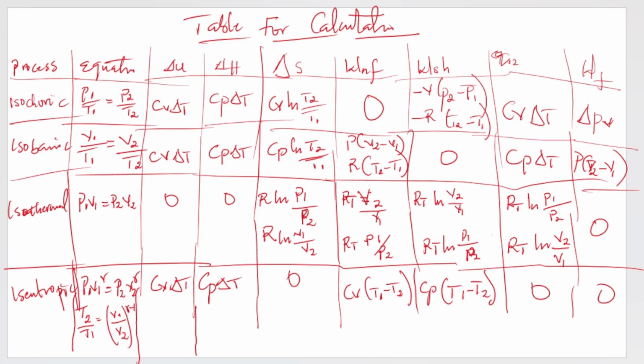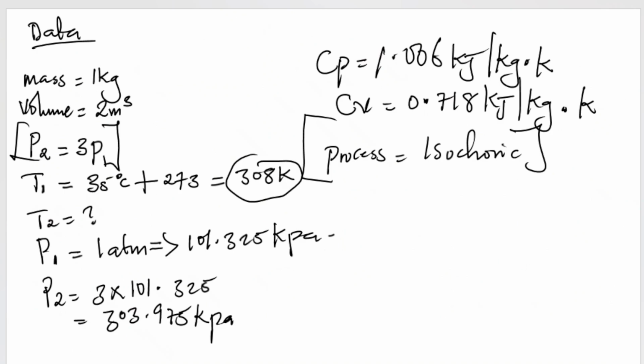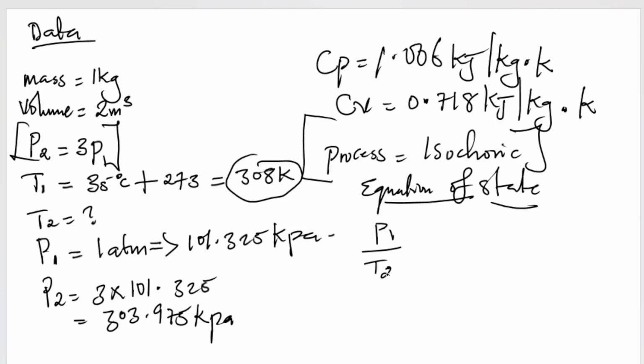So you go back to your given data and tell the examiner that from the equation of state, P1 divided by T1 is equal to P2 divided by T2.